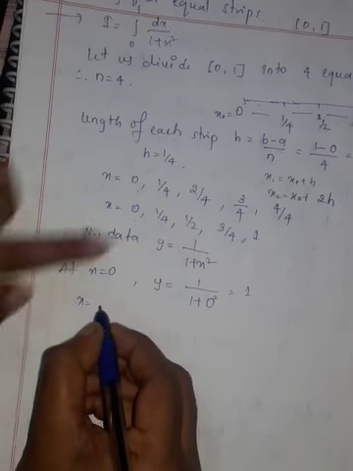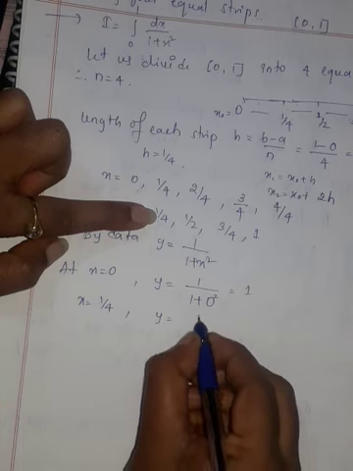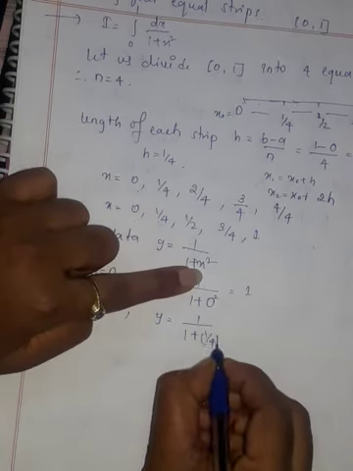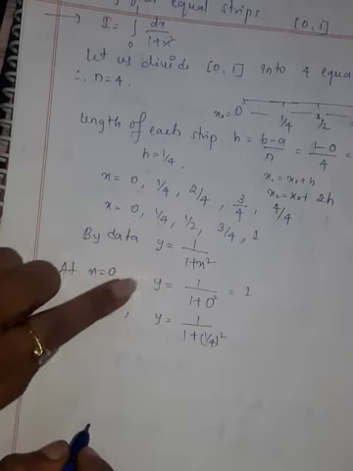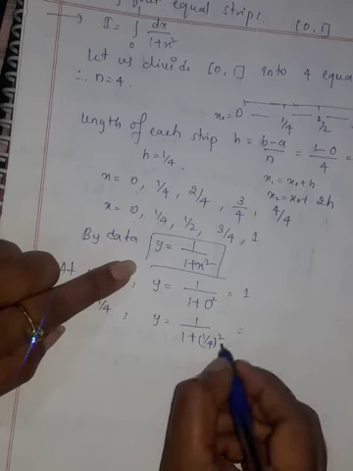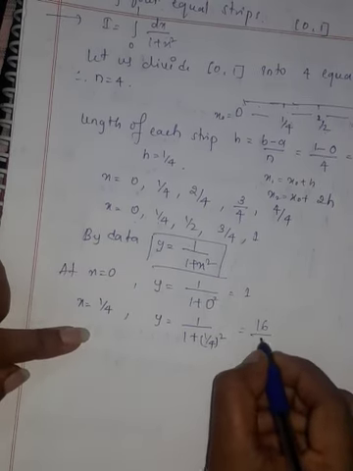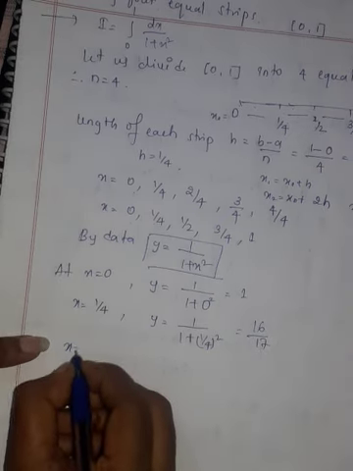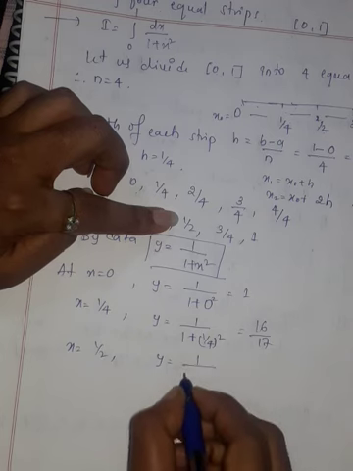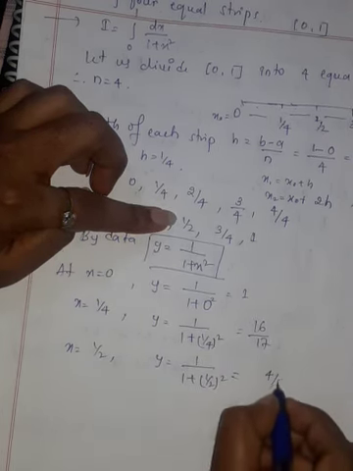Next, x is 1 by 4, then y is 1 divided by 1 plus 1 by 4 whole square. If you simplify this, you get 16 by 17. Next, if x is 1 by 2, y is 1 divided by 1 plus 1 by 2 whole square, which is 4 by 5.